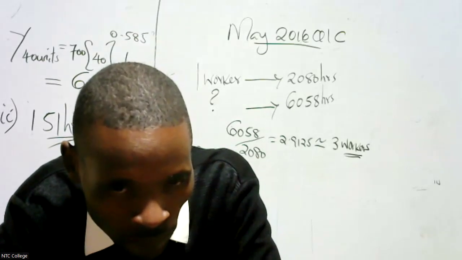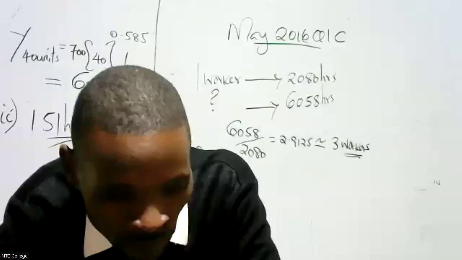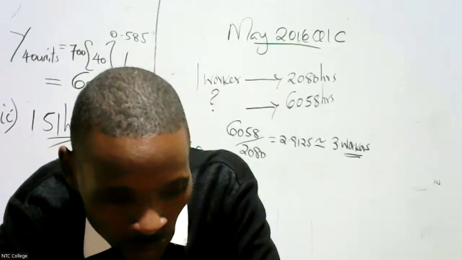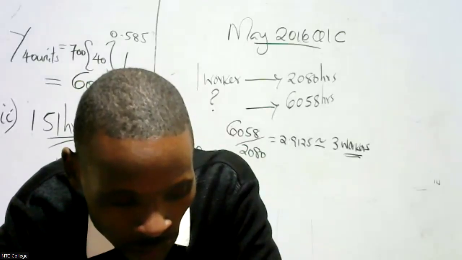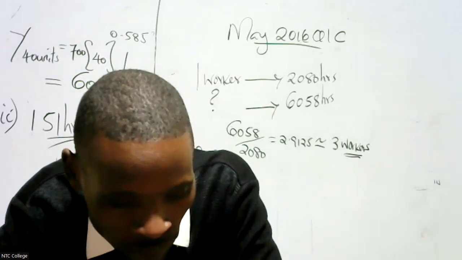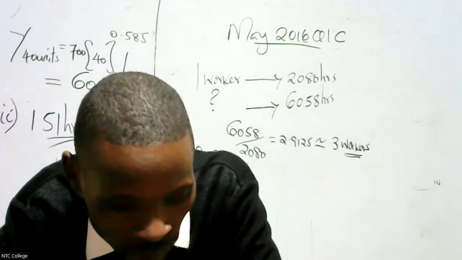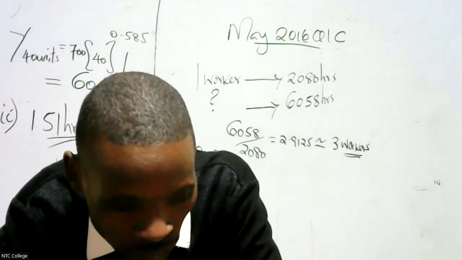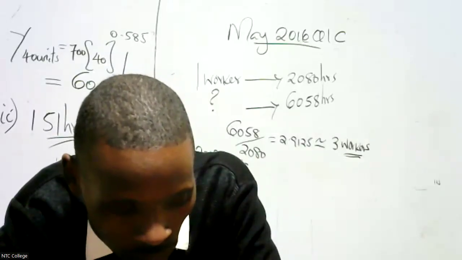We have another lesson from 6 to 8, Triple A. Then we are starting at 8 to 10.